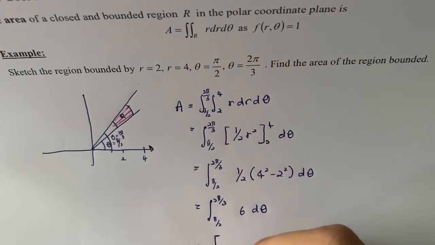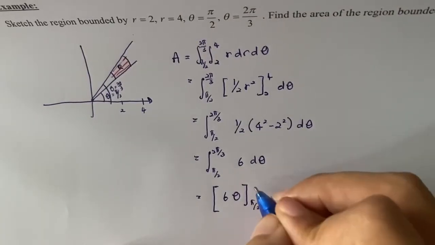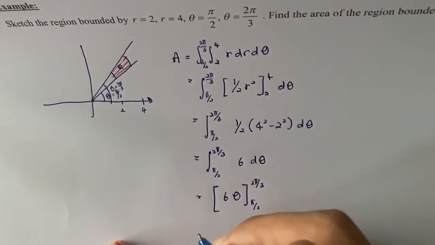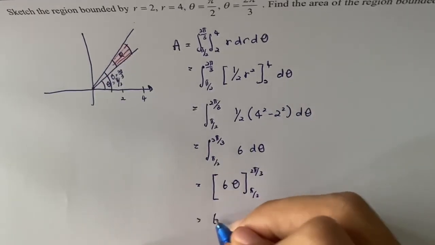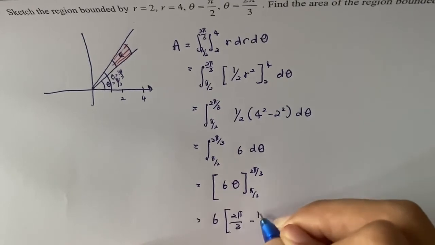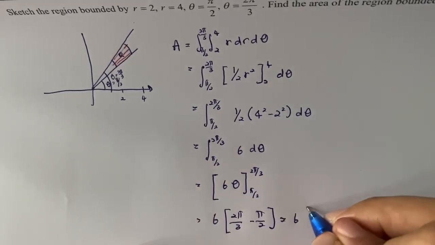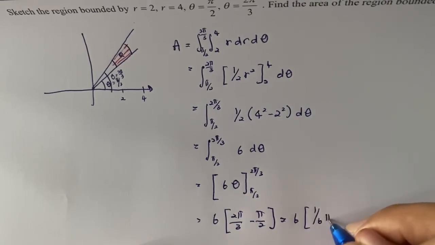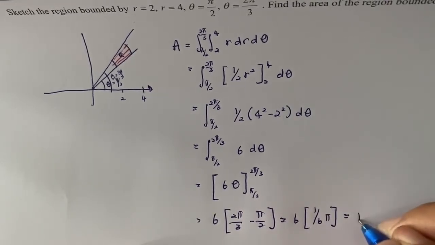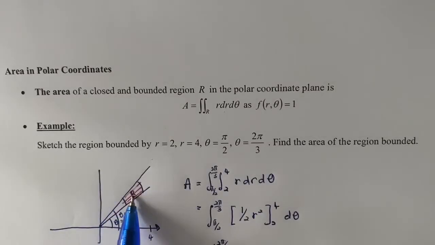Okay, and last, integrate theta. Integrate 1, we have theta, from pi/2 to 2 pi/3. Last, I have 6 times 2 pi/3 minus pi/2, which is 1/6 pi. So the last answer is pi. The area for this region is equal to pi.